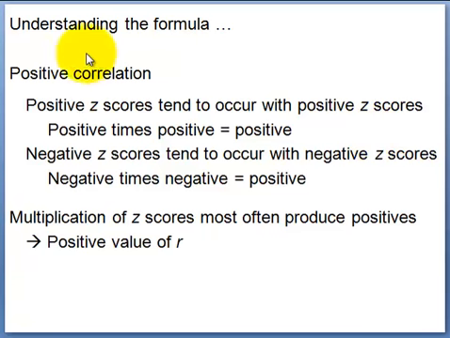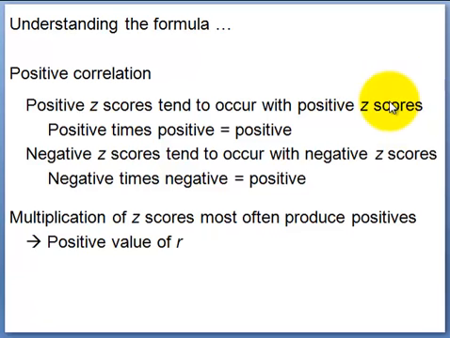Now, I just want to give you some intuition, if you will, into the formula. So let's think about positive correlation. Recall, in positive correlation, similar scores tend to go together. So that's conveying to us that if there's a positive z-score on one variable, there will very likely be a positive z-score on the other.